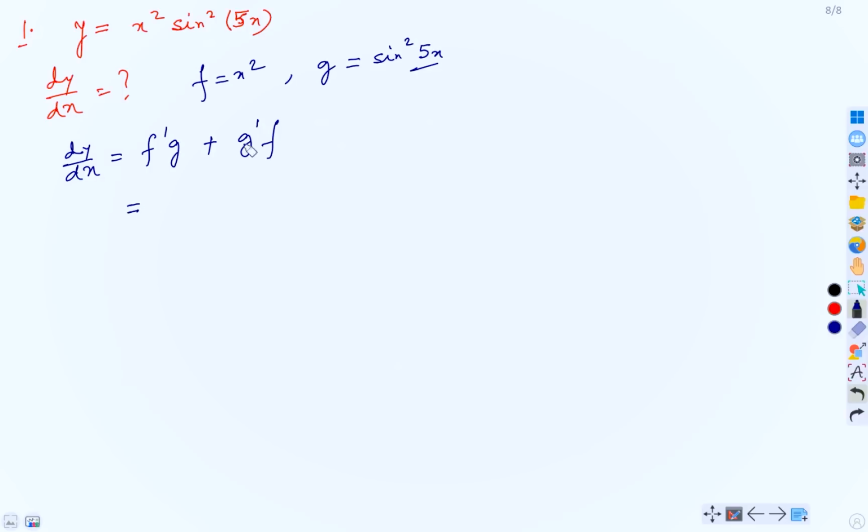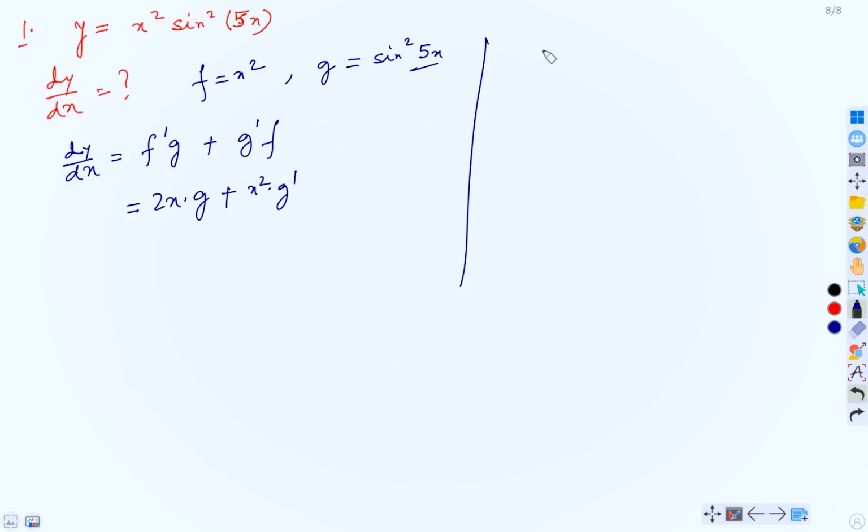Now our f dash is 2x, our g will remain the same, and we have to differentiate to get g dash, which I am going to do in the rough, and our f is x^2.